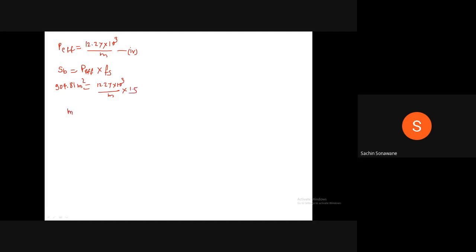Therefore, M cube is equal to 12.27 into 10 raised to 3 into 1.5 divided by 904.81. Therefore, calculate the value of M.